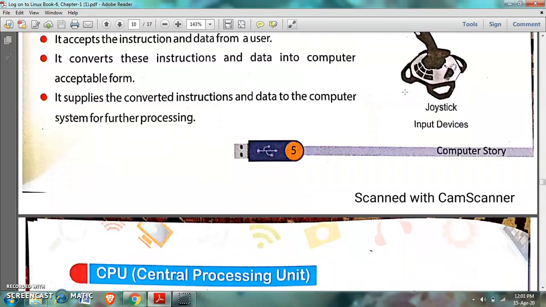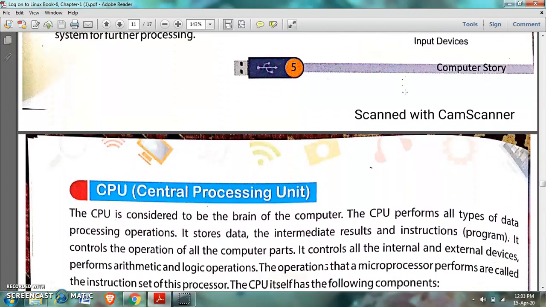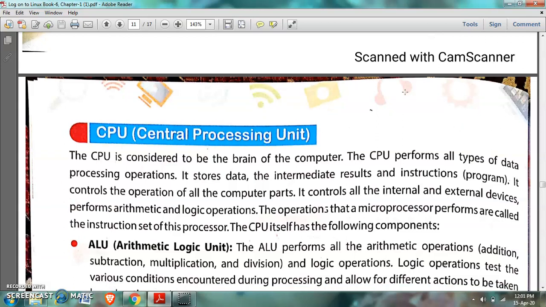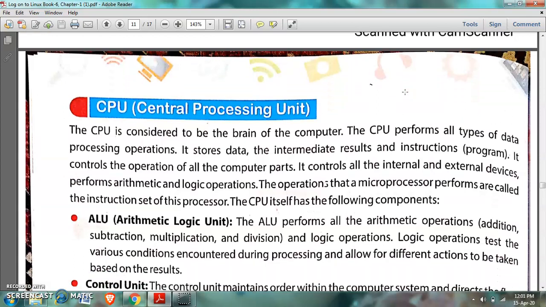Now come on, next, CPU, Central Processing Unit. Here we will read about the role of the CPU. CPU is like the brain of the computer. It works like the human brain, as the human brain helps the person for his movement or for his decision making process.